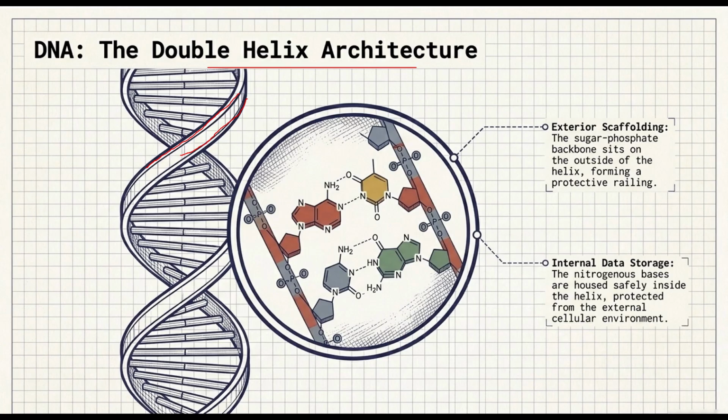They help maintain the stability of the DNA molecule. So the exterior scaffolding is the sugar phosphate backbone, which sits on the outside of the helix, forming a protective railing. And in the internal data storage, there are the nitrogenous bases, right? They are housed safely inside the helix and protected from the external cellular environment.